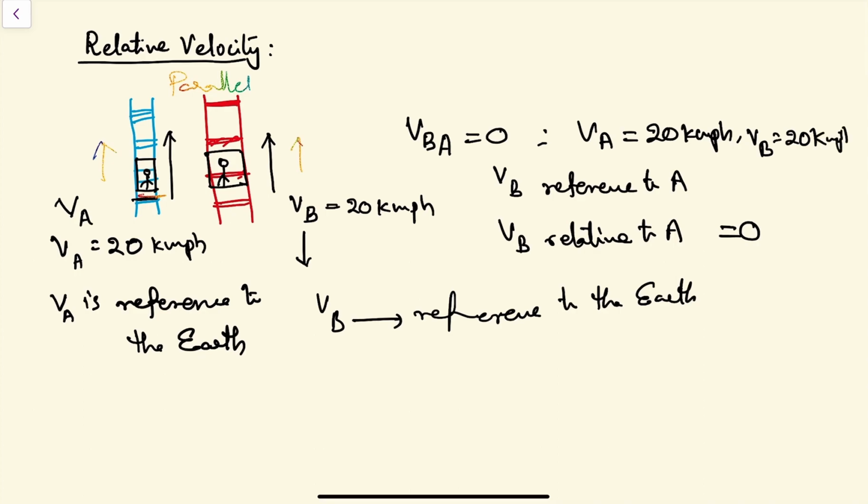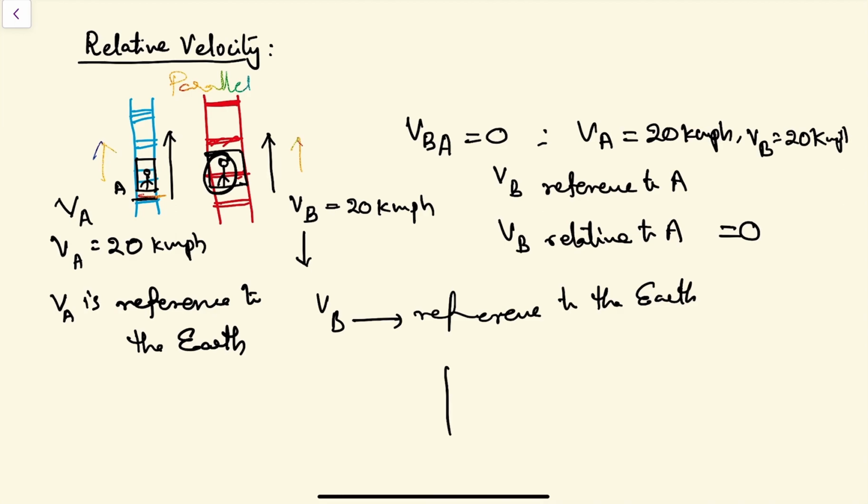But when you are comparing with VA, VBA is 0. And similarly VAB, velocity of A with reference to B, is 0. When you are speaking about relative and reference, a comparison comes in.